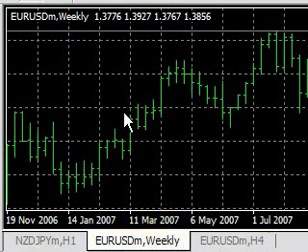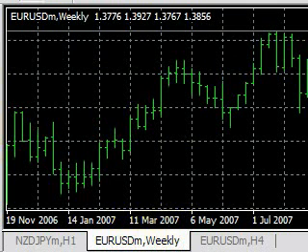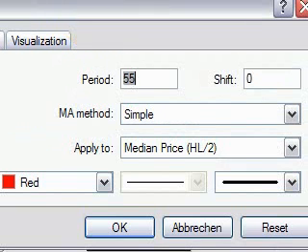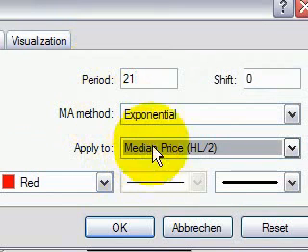The weekly chart will be used to identify the trend. So what we'll do here is put two indicators on it, two moving averages. I just pulled them over from the navigator onto the screen. The first one we will choose is a 21 exponential moving average applied to the median price.